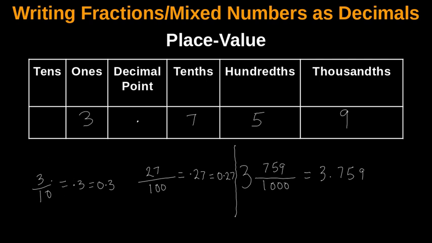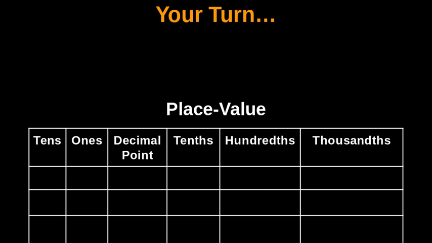So let's move on and let's see if you can try out some questions by yourself. I would like you to do this. Write 7 over 10 as a decimal. Also write 2 whole number 5 over 1,000 as a decimal.